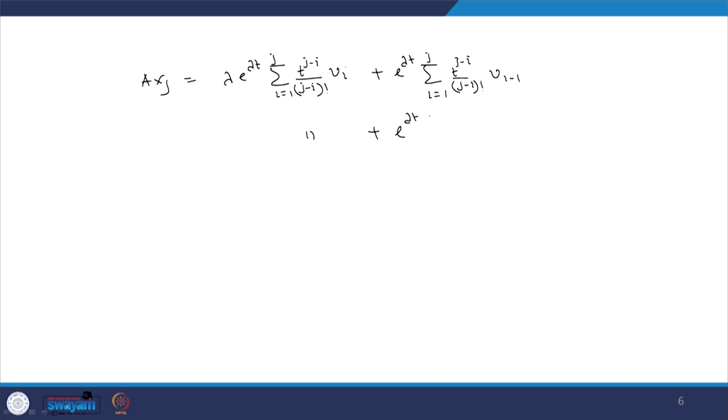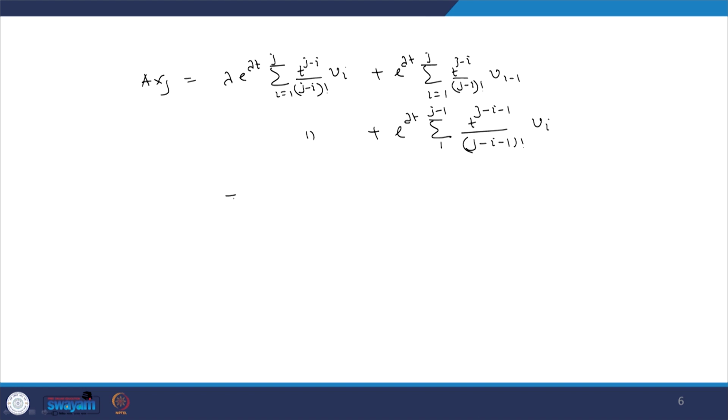So, this is equal to this plus e to the power lambda t, where i is replaced by i minus 1. Then I have the sum from 1 to j minus 1 with t to the power j minus i minus 1; I am replacing i by i plus 1, so that it goes from 1 to j minus 1, and the denominator will be (j minus i minus 1) factorial, and Vi minus 1 becomes Vi.